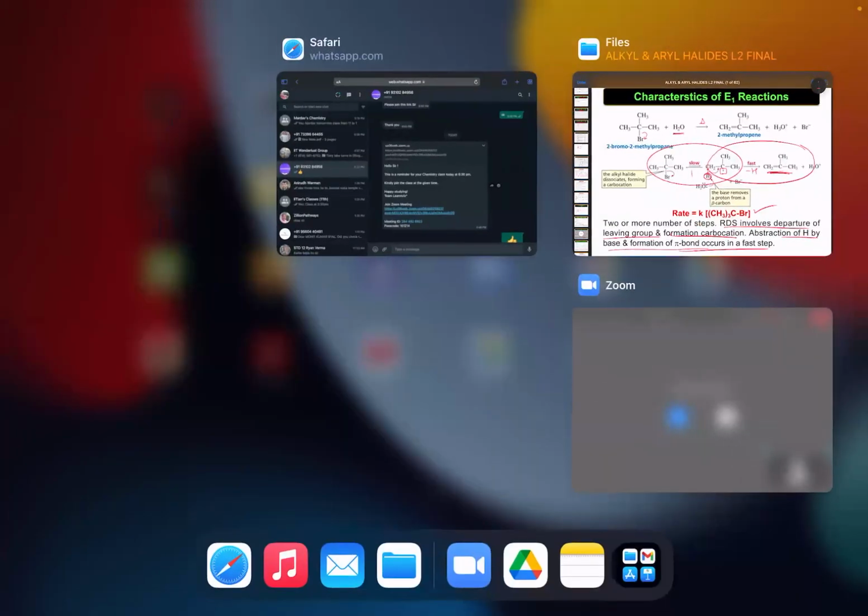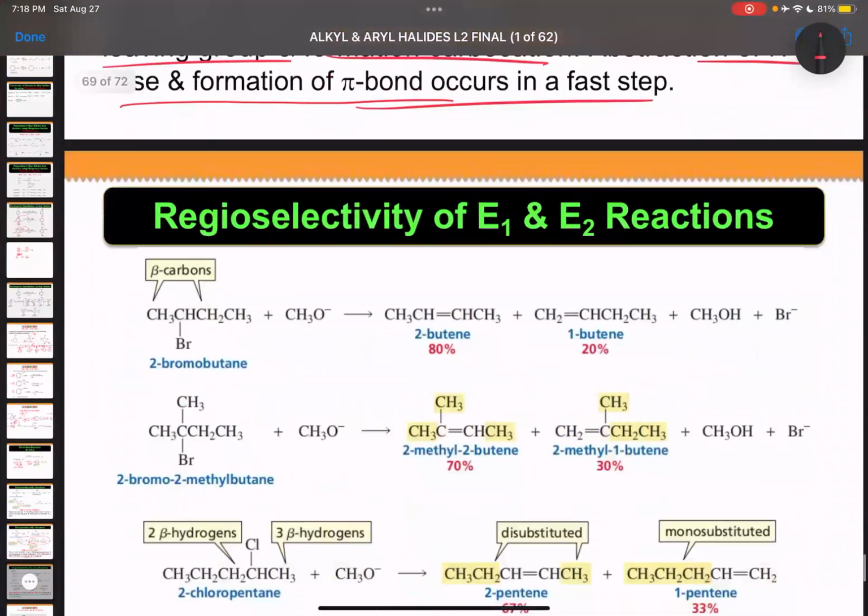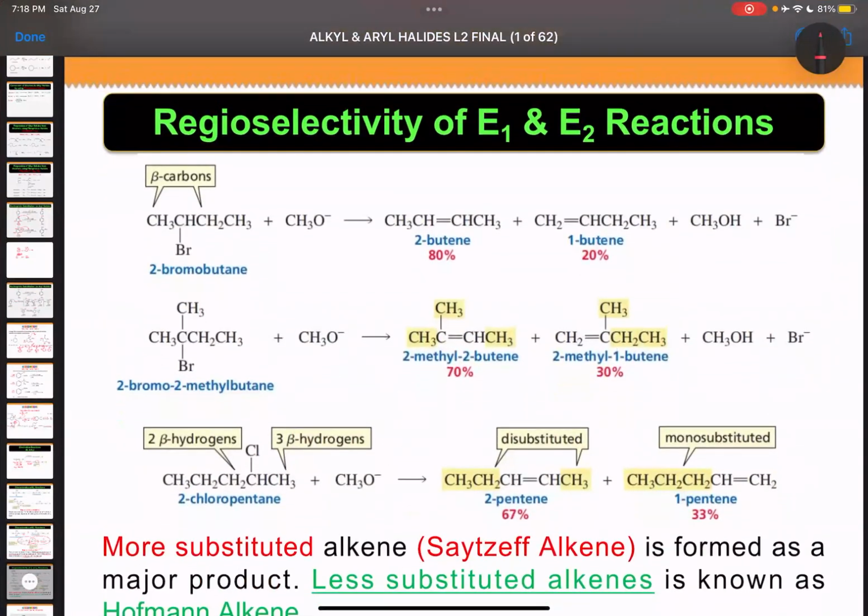But in this case, suppose you have an option to remove hydrogen from two sides, then which alkene will you make? Which is going to be the main product, formed in major amount, and which is going to be the alkene which is formed in less amount? So that you need to decide.